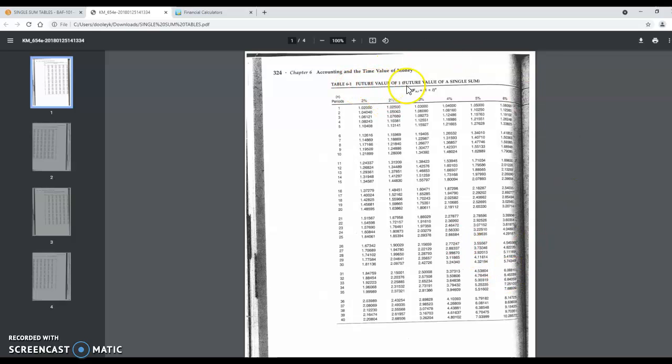Again, this is future value of 1, table 1, and we can find the percentage of interest and go across the number of periods. So the slideshow just shows you a few little bits of the thing, but if you needed the whole thing, here it is.